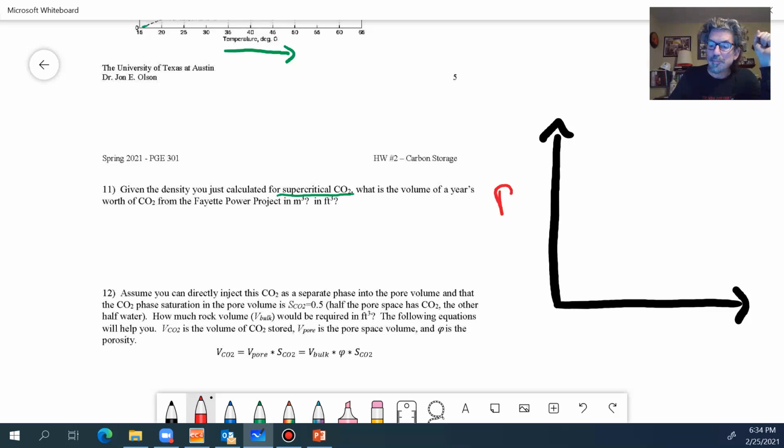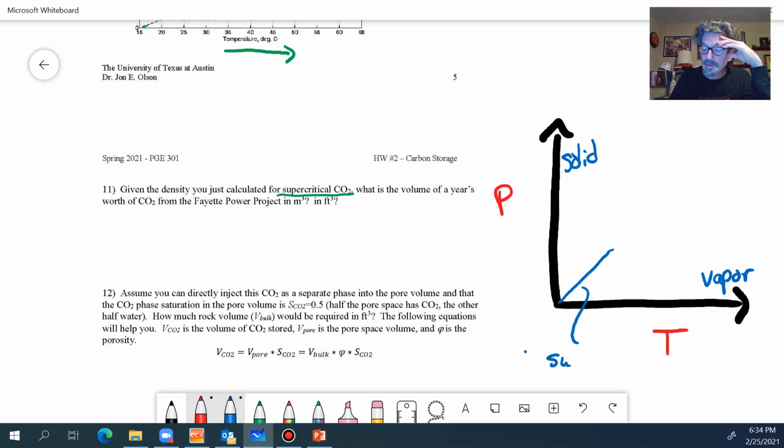This is pressure, this is temperature. And so if we go over here at low temperature, high pressure, we've got a solid. We go to high temperature, low pressure, we have a vapor. Okay, and there's a boundary at low temperature and pressure between those two phases.